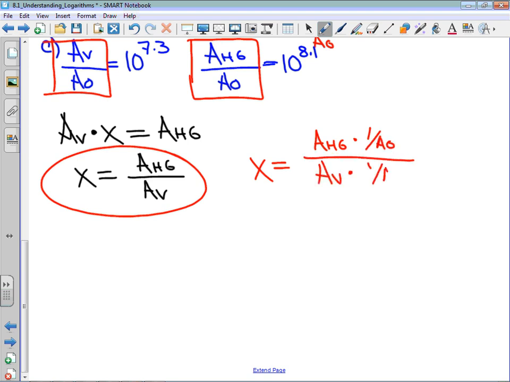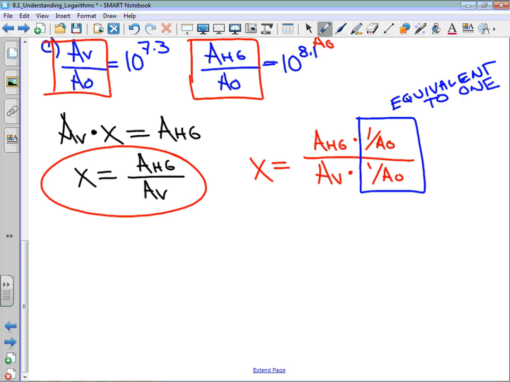Now, the reason I can get away with doing this is what I am putting into a blue box there is equivalent to 1. So I'm not changing the value, I'm changing the appearance of my expression. And when I do that, the amount of times greater HG is than V is equal to the amplitude of HG divided by A naught, divided by the amplitude of Vancouver divided by A naught.